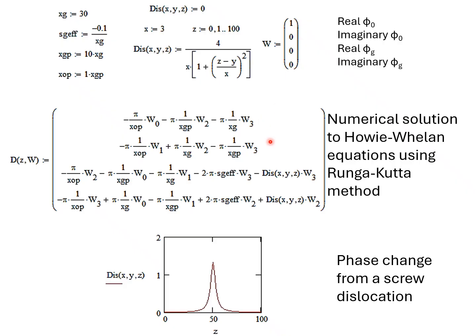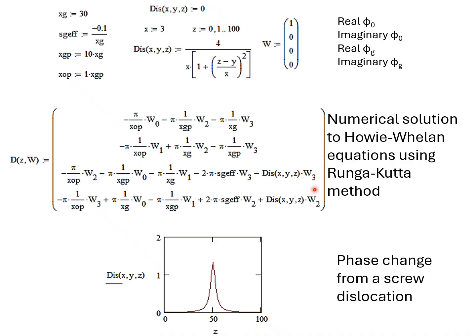But how these different components, the real and imaginary parts, how they change depends on the other entries. We have the real and imaginary parts of the direct beam, and the real and imaginary parts of the diffracted beam.